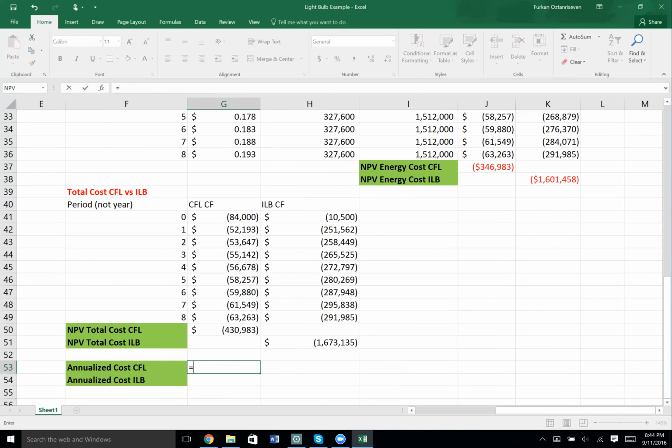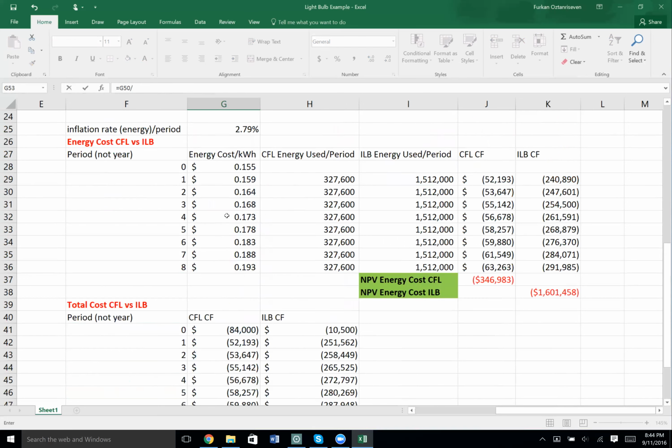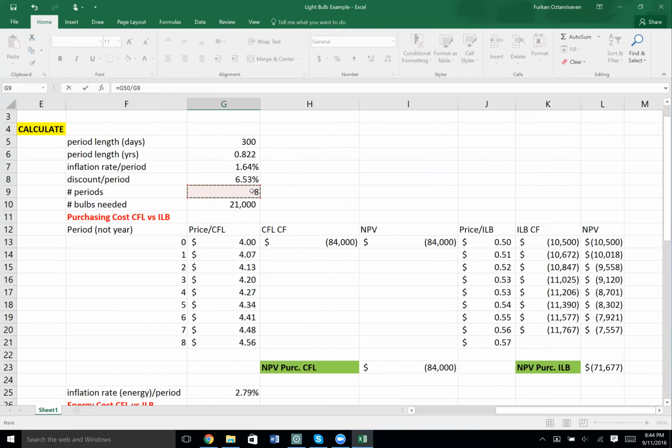So I could divide this NPV by number of periods, which is 8, divided by period length to make it year, right?